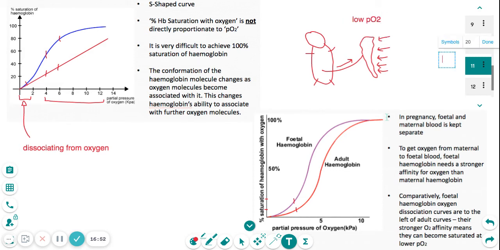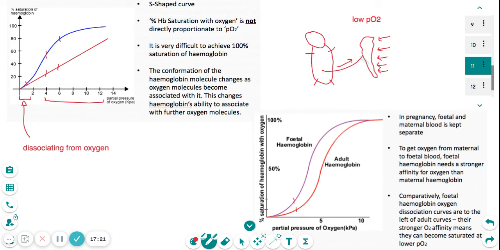And at low partial pressure, the mother's adult hemoglobin is not very good at holding on, or you could say it's very good at dissociating. So the mother's hemoglobin is letting go. It's dissociating from the oxygen. And that oxygen can now diffuse to the other side of the placenta where the baby's blood is.